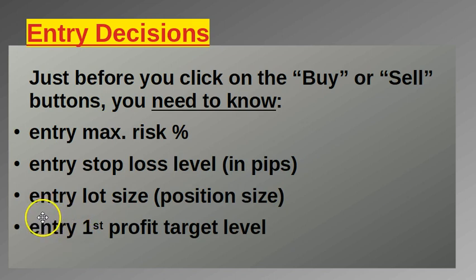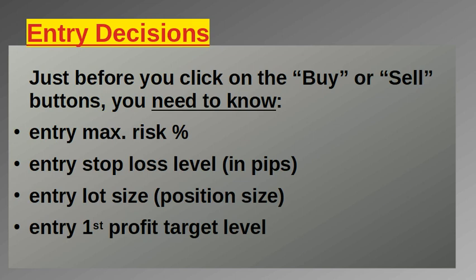The next thing you do is your entry lot size. You have to figure out your maximum risk and your stop loss for you to be able to calculate your correct position size. And this is where most beginning traders make the first biggest mistake. They enter trades with too large of a lot size.